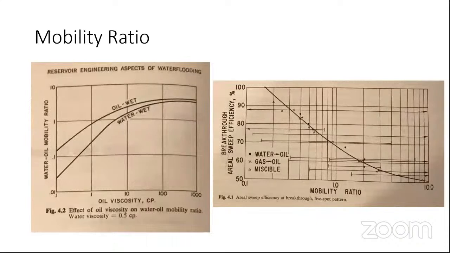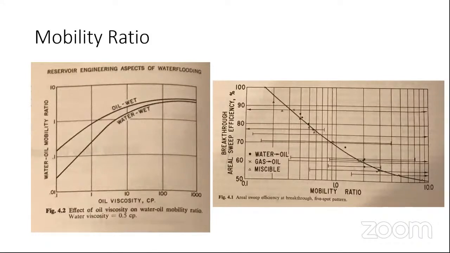So here are your effective oil viscosity on the water-oil mobility ratio, assuming a water viscosity of 0.5 centipoise. Notice how the mobility ratio is reduced for water wet compared to oil wet at different viscosities.